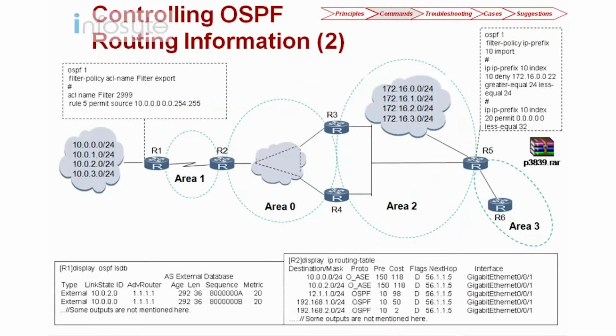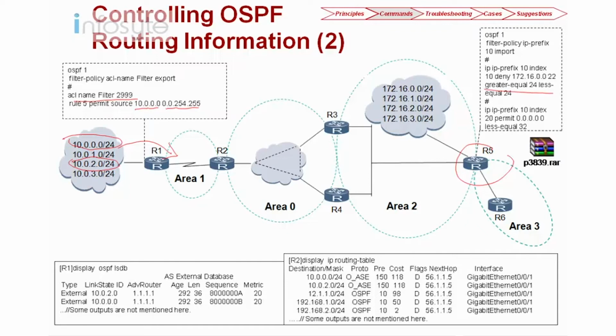In the result, you will see the ACL number 2000 using 10.0.0.0 0.0.254.255. What it means is that they will only allow 10.0.0.0 and 10.0.2.0 into the OSPF route.